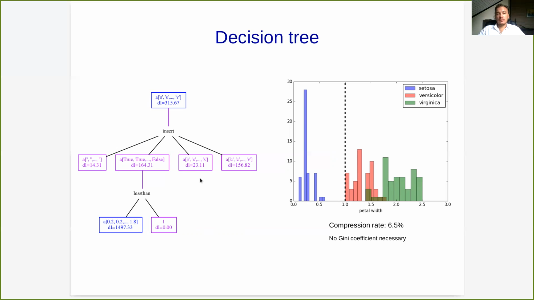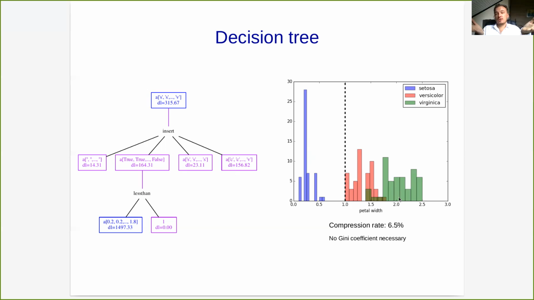So as you see, by splitting the data at the threshold 1, he has compressed it and split it into two data sets, where in one data set there are only the setosa flowers, and in the other one the rest.